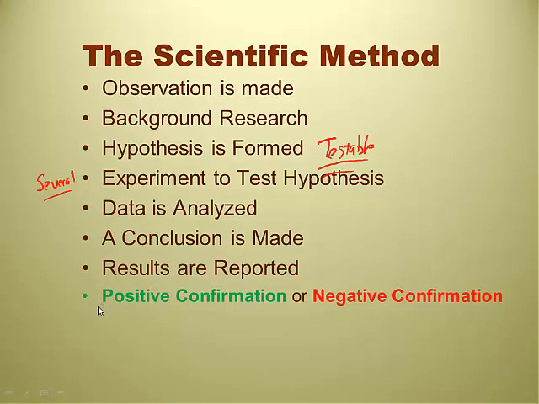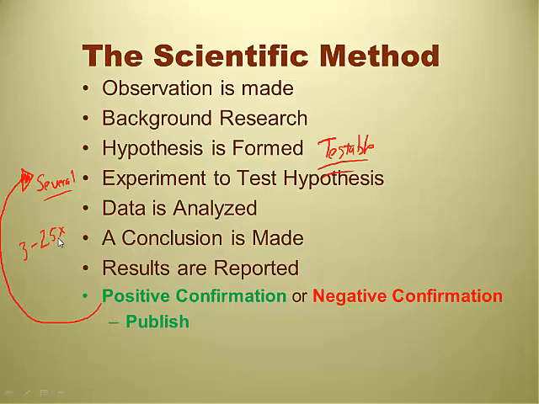Positive confirmation doesn't mean you're done. Usually with a positive confirmation, you go back and experiment again and again. Scientists will experiment anywhere between 3 and 25 times before they actually publish something. But then they eventually publish it if you get a positive confirmation.